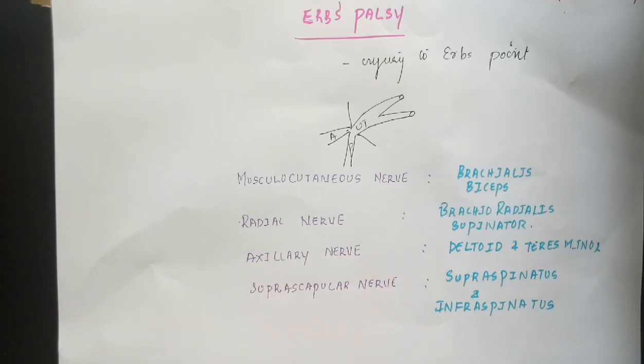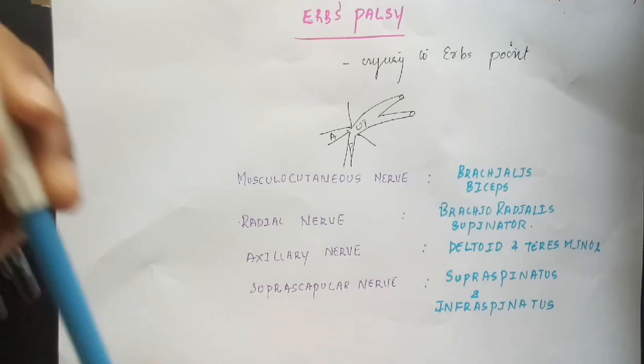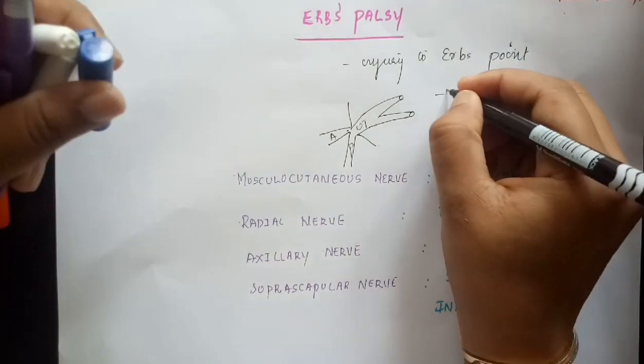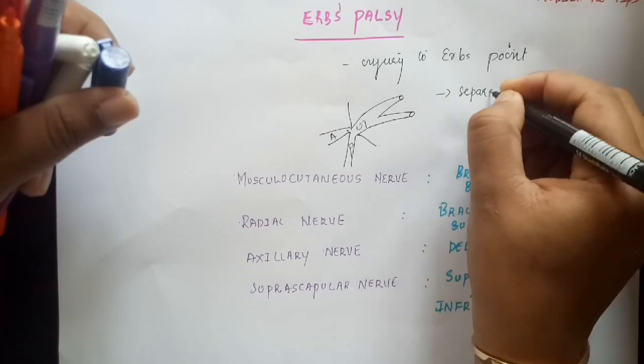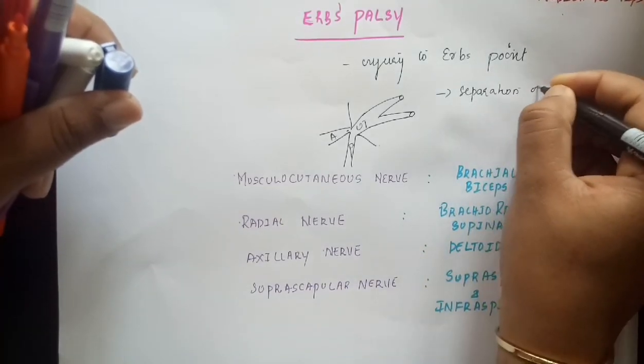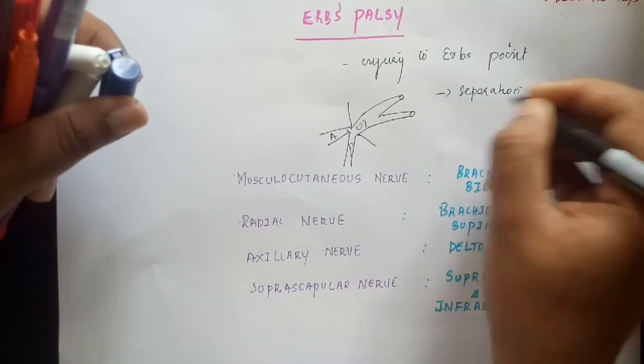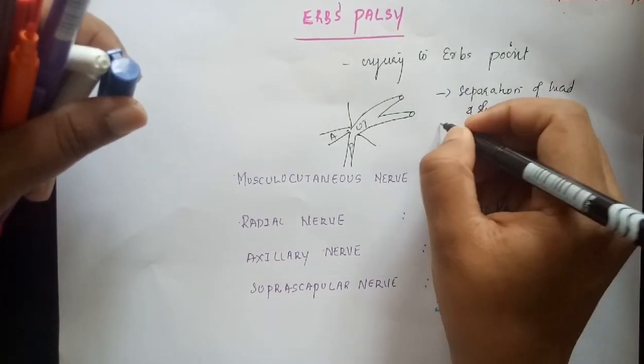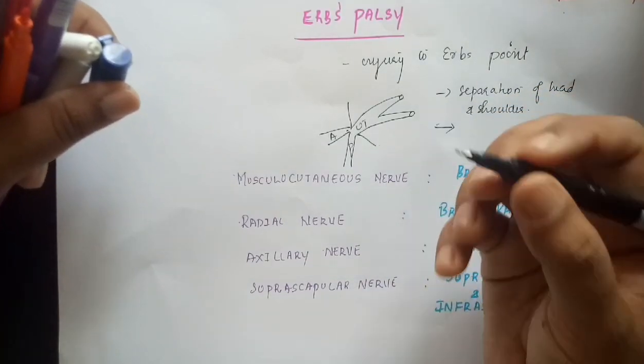Erb's palsy is a clinical condition which commonly occurs when there is an undue separation of the head and shoulder. So when there is an undue separation of the head from the shoulder, this commonly occurs during delivery with forceps and so on.